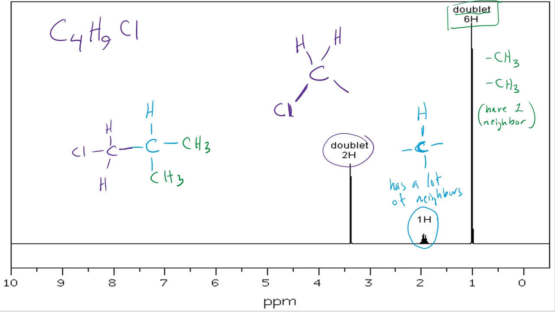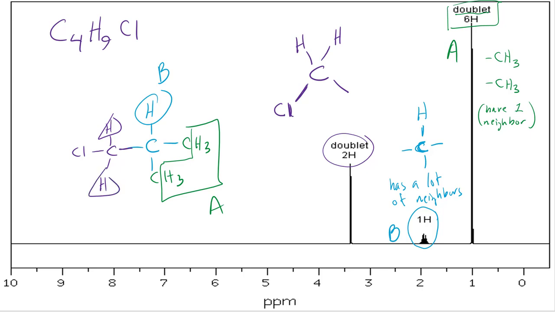And if we think about assigning signals, our 2 methyl groups all come together as 1 signal. Our lone hydrogen will be another signal, specifically the multiplet with 1 hydrogen. And lastly, the 2 most downfield hydrogens together produce our doublet, and we could label those A, B, C if we wanted.